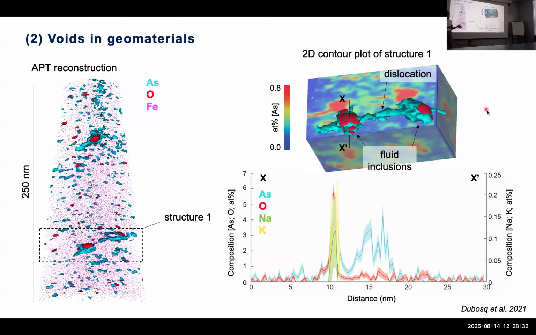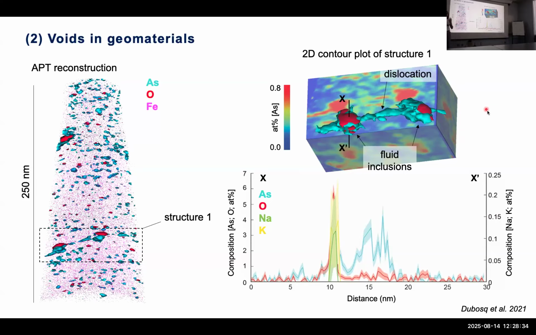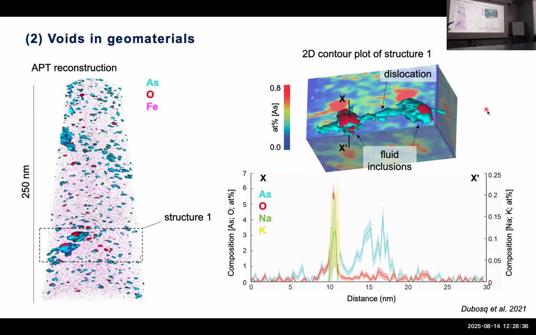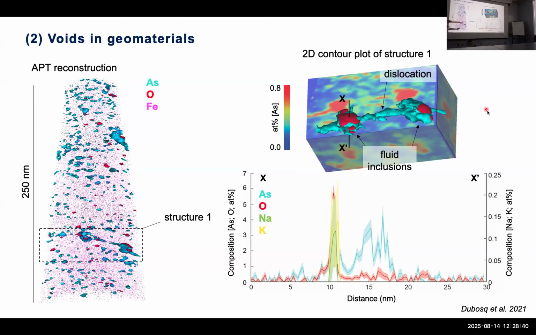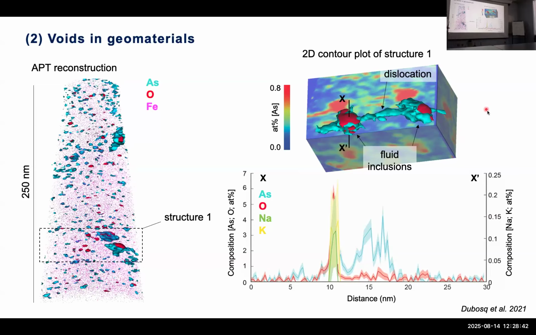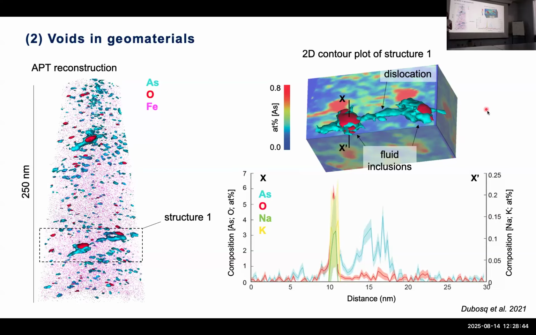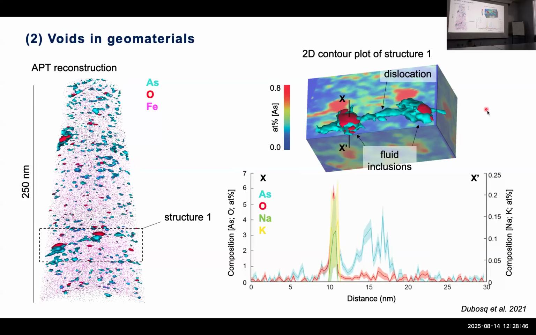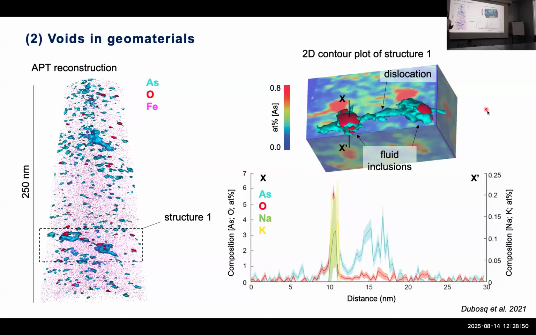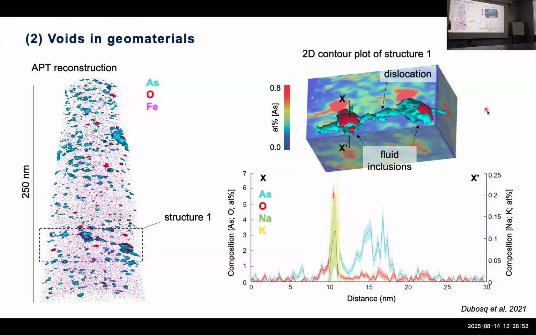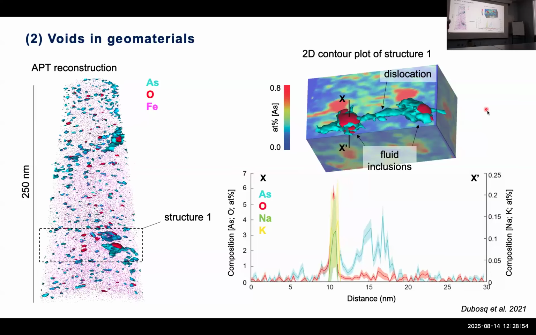I could show a whole presentation just on those aberrations, but to confirm that these were in fact fluid inclusions, if you look at a composition profile through them, you see that they are also alkaline rich. So we have sodium and we have potassium within these inclusions, which are typical of the hydrothermal brines that are present in these deposits.